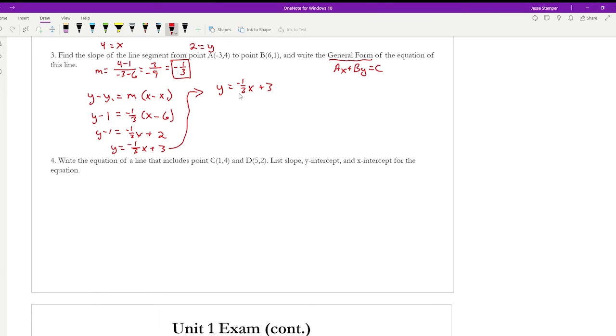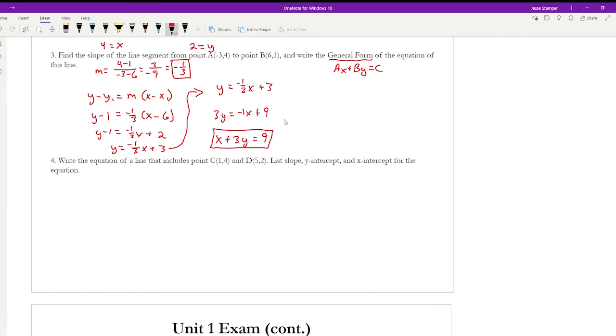If we multiply by 3 across the entire thing, we'll get 3y equals negative 1x plus 9. If we add the x on both sides, we get x plus 3y equals 9, and that is the general form. That's really all we have to do. We have our slope, and we have our general form.